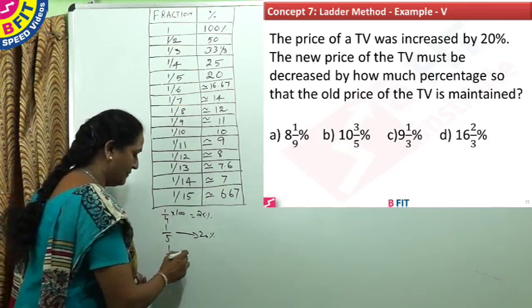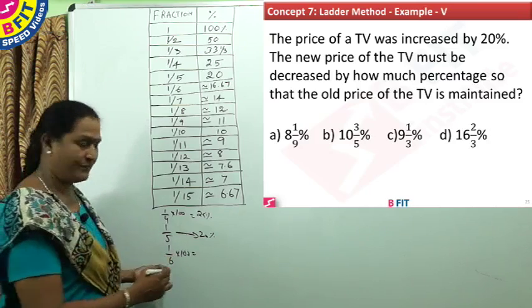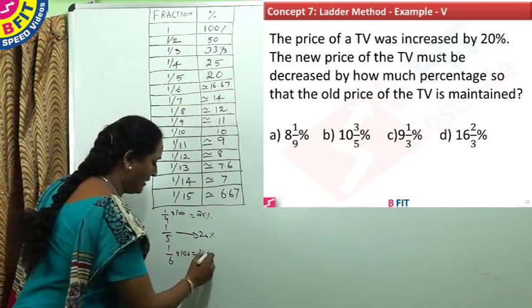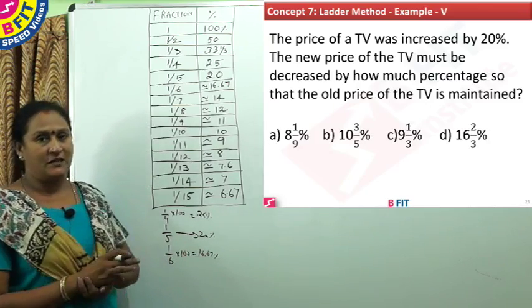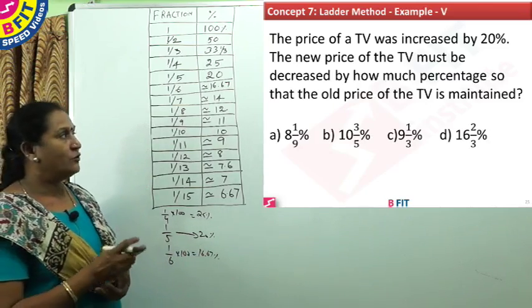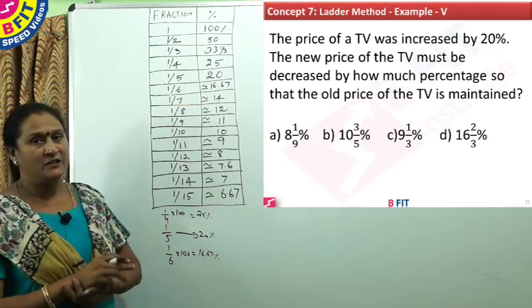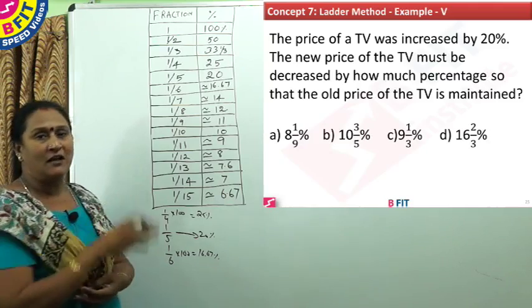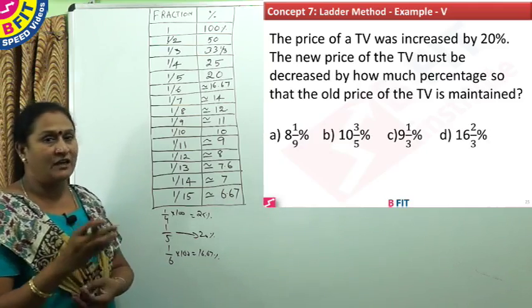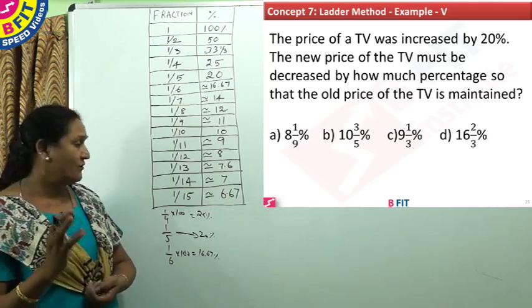Multiplying by 100 and dividing, we get 16.67%. So whenever we work on this kind of question, to maintain one factor and find the increase or decrease percentage according to the question, just moving up and down the ladder one step at a time, we can arrive at the answer easily within seconds.